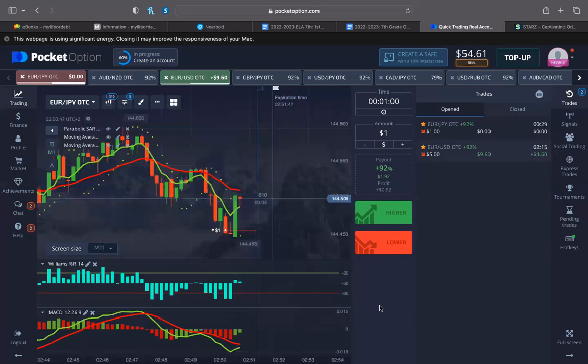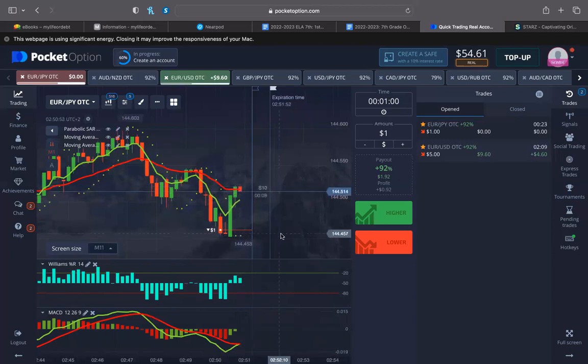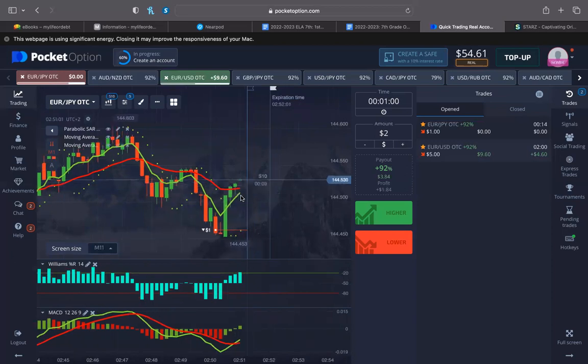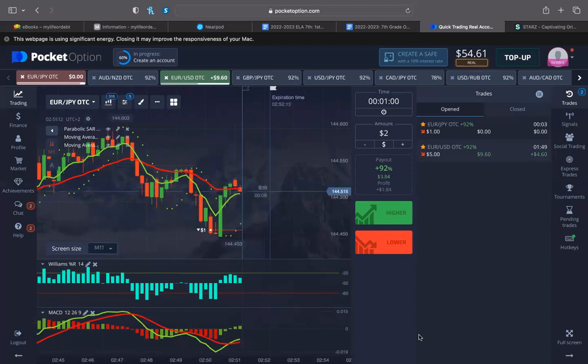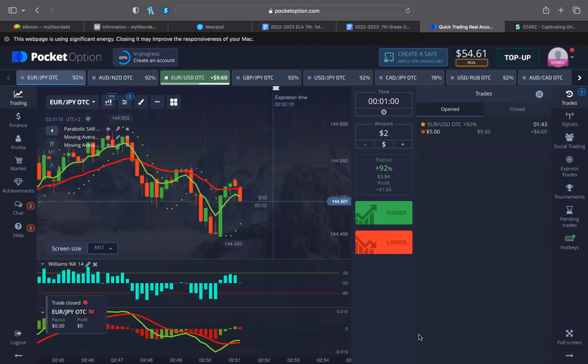So here the PSAR has flipped over, which is the first indication that that's going to turn into a buy. But the next thing that we need to see is that this green is going to cross above this red. And if it does that, I'm going to take a buy once this runs out. I'm still waiting.